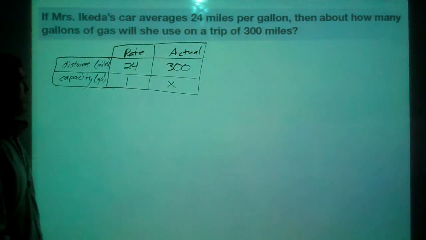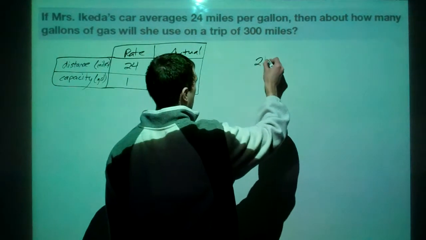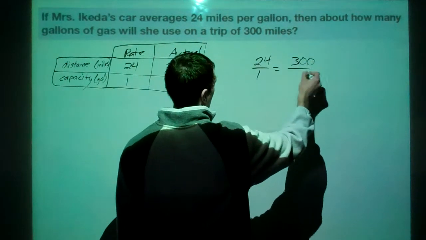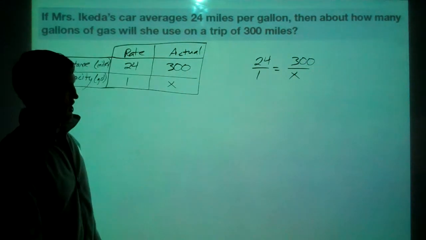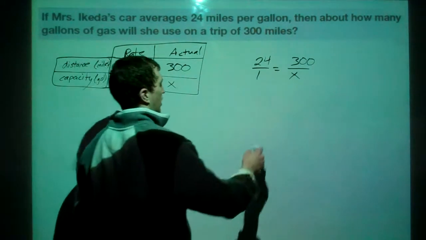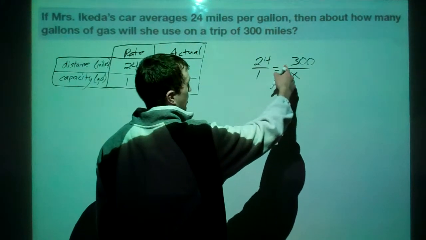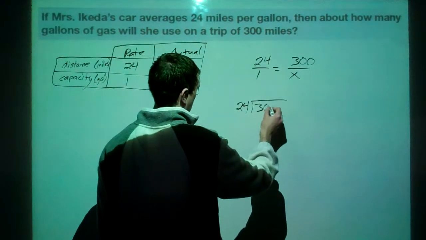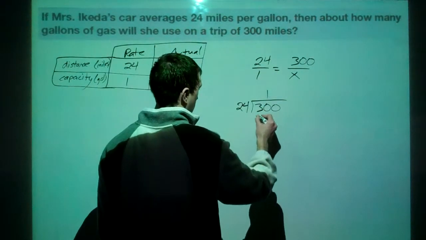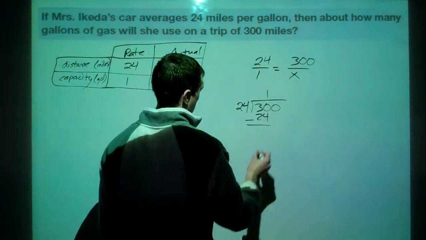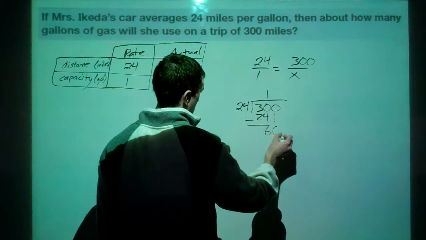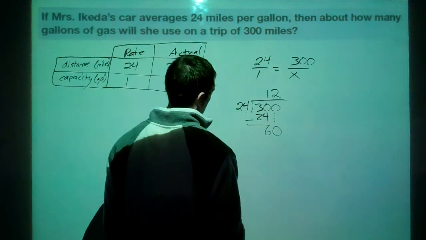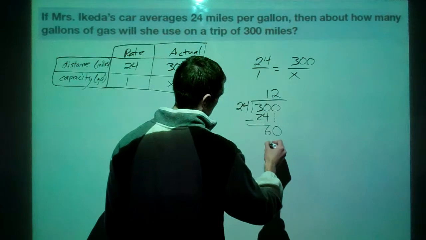So now we have 24 over 1 equals 300 over x. So we can do a cross multiply and divide here. 1 times 300 is 300 divided by 24. So how many times does 24 go into 300? Once. Subtract that, we get 6. 0. 24 goes into 60 twice. 2 times 24 is 48.